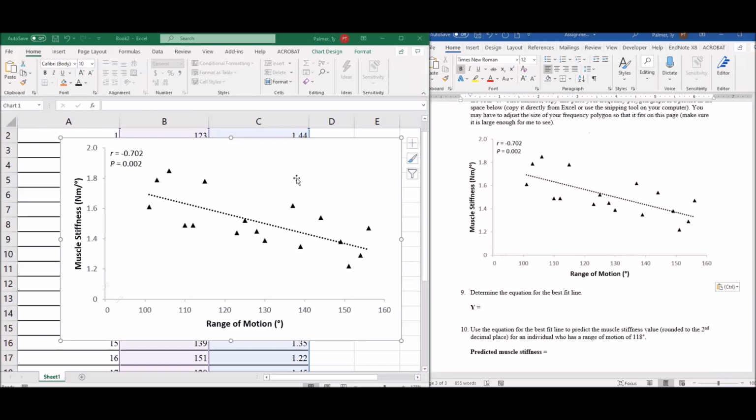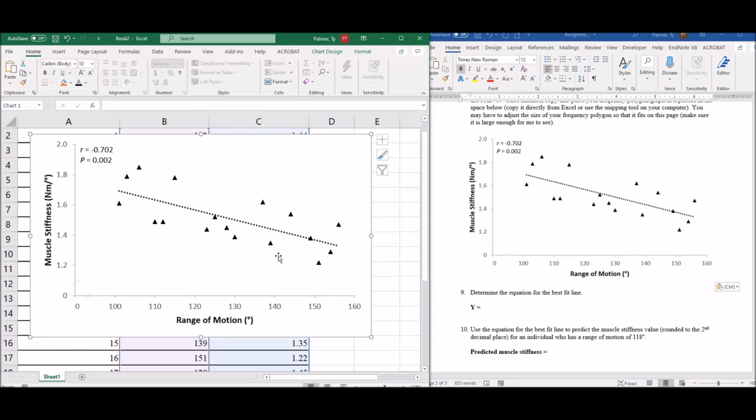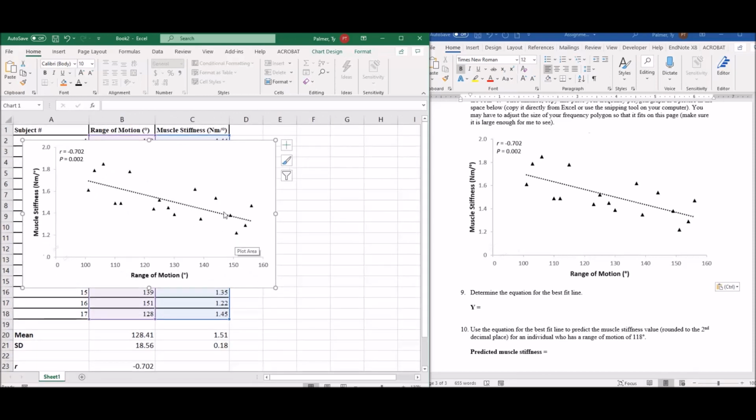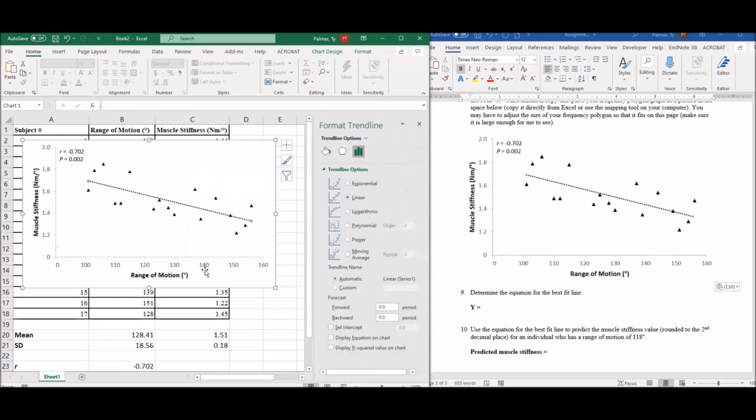Well, let's go back to Excel for a second. I'm going to zoom out just a little bit so you can see. I'm going to click on the graph that I just created, and highlight my trend line. I'm going to right click, go to Format Trend Line, go to Trend Line Options, and then at the bottom click on Display Equation on Chart.